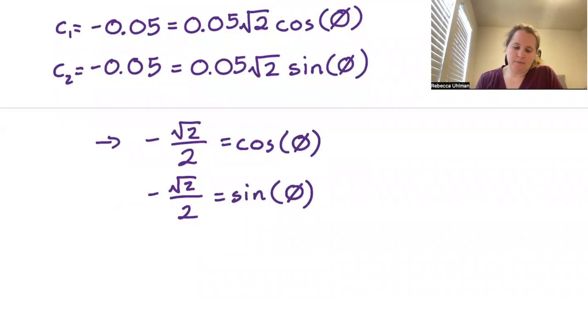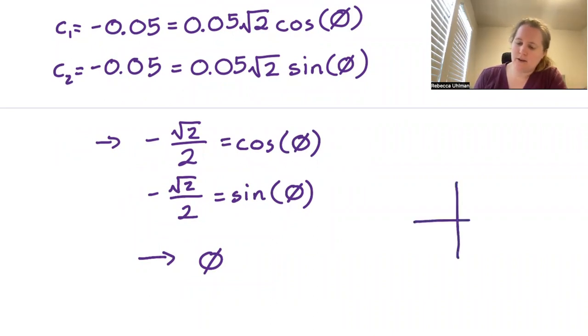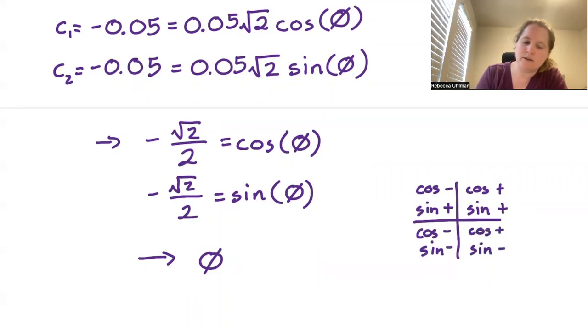And we wind up therefore getting that phi, let's see, the principal angle should be pi over 4 to have those as our cosine and sine, ignoring the signs. Then we have cosine positive and sine positive; cosine negative and sine positive; cosine negative and sine negative is third quadrant; and cosine positive and sine negative is fourth quadrant. So we're in the third quadrant with principal angle pi over 4.